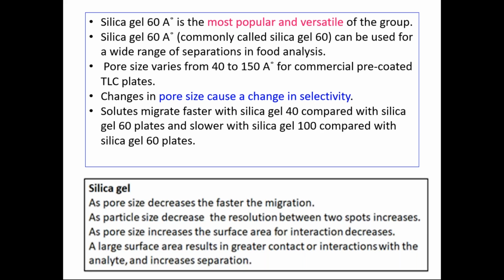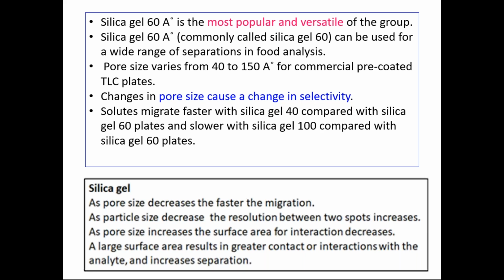The changes in the pore size cause a change in the selectivity, and solutes migrate faster in silica gel 40 compared to silica gel 60, and they migrate much slower with silica gel 100 compared to silica gel 60. So in a silica gel, as the pore size decreases, the migration is faster.